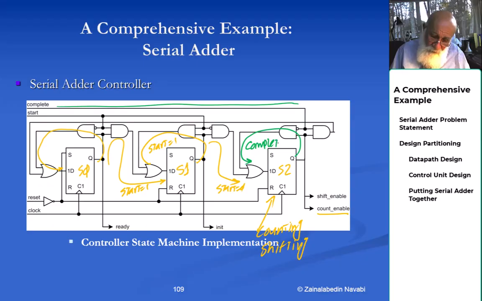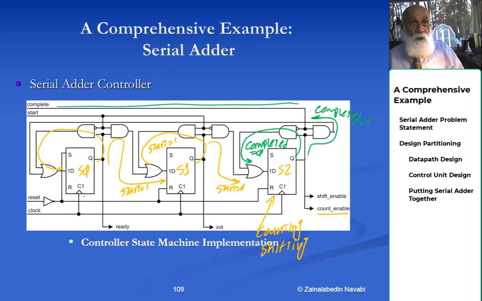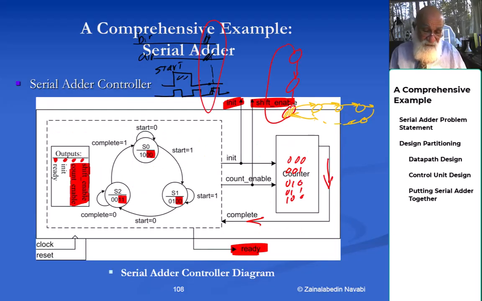Coming from where? Coming from the counter. Loops back into this. As soon as completed becomes 1, it goes back to the first state, state S0, and then in that state, it again waits for another round. This is this thing here.